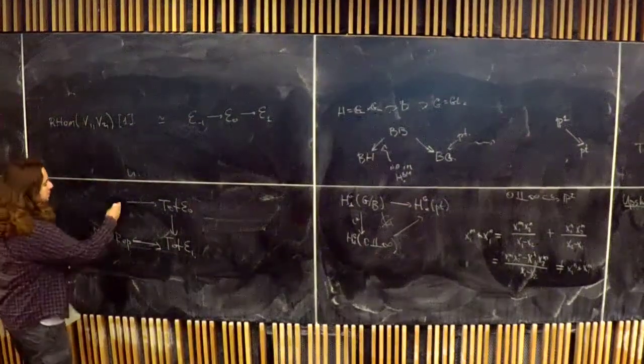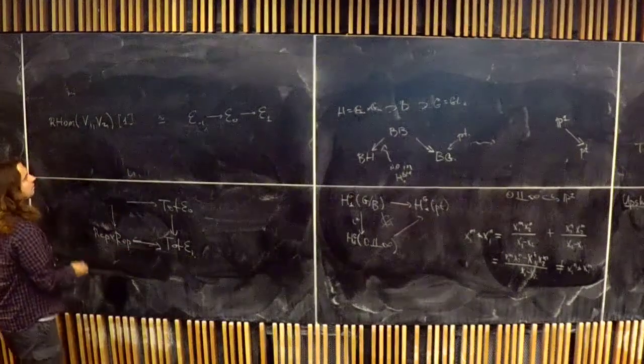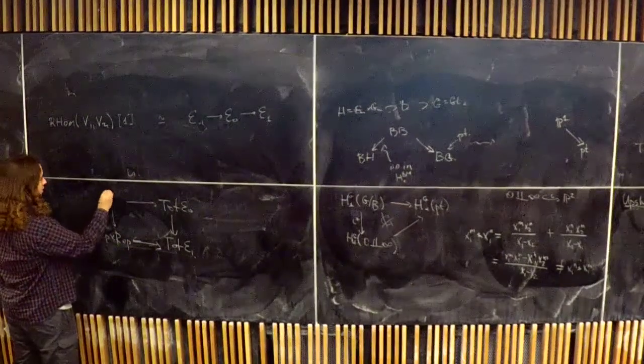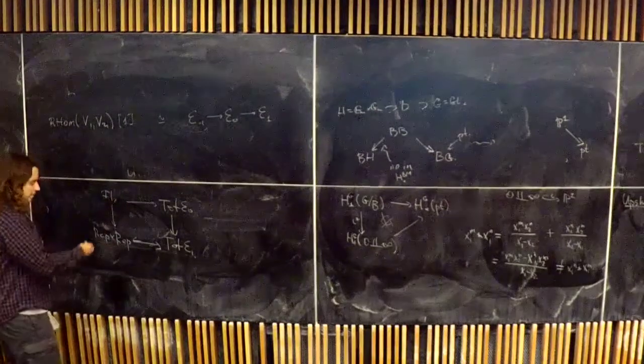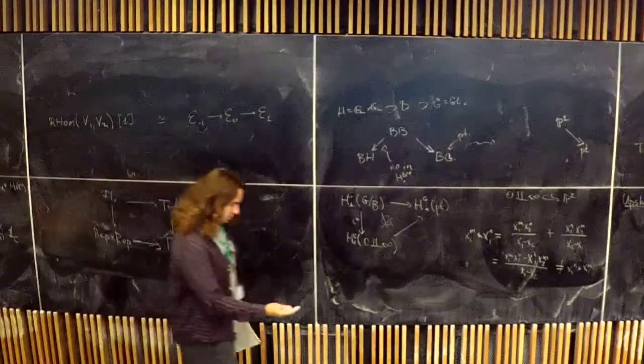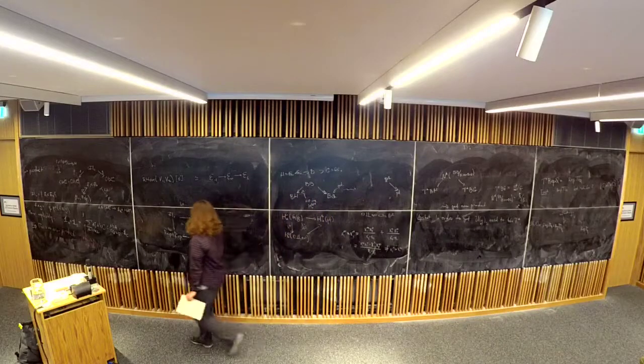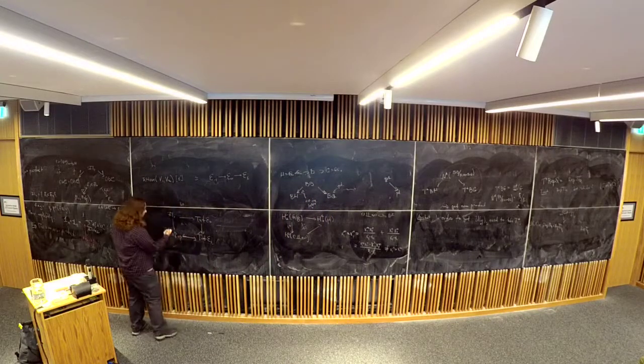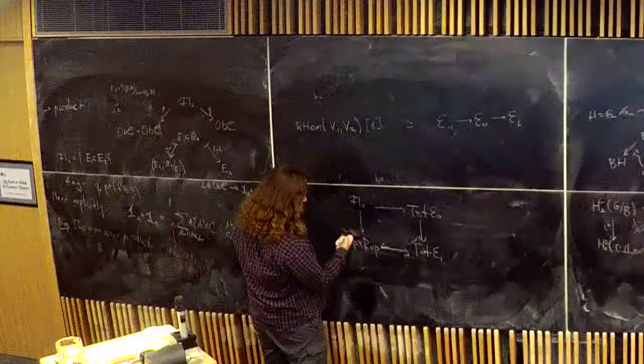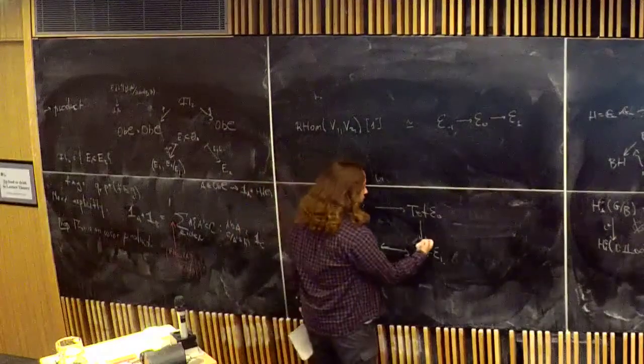If you write this down set theoretically, we are going to get our two-step flag. But this is not a Cartesian diagram in the sense that you cannot do pullback. You cannot do base change. So once again, we want to do pullback like this, and we can do pullback here.